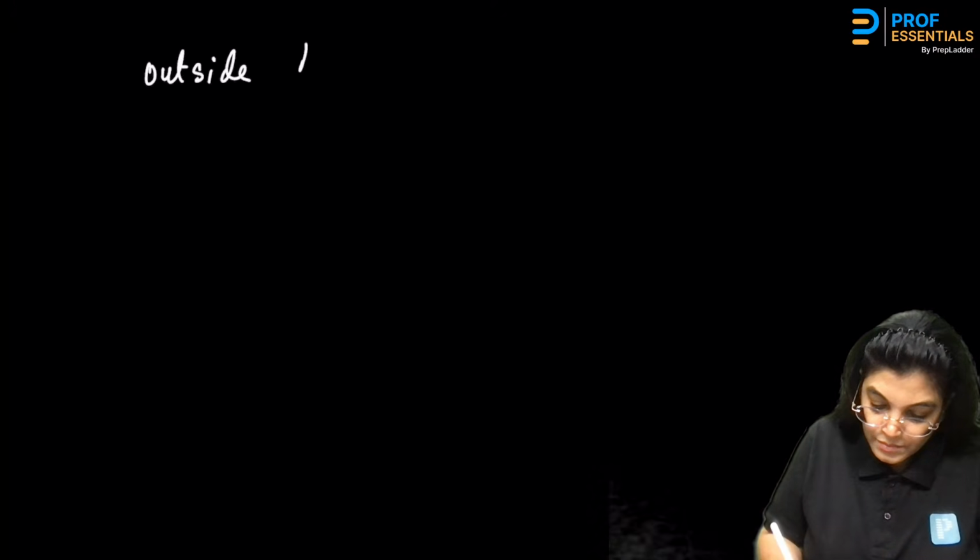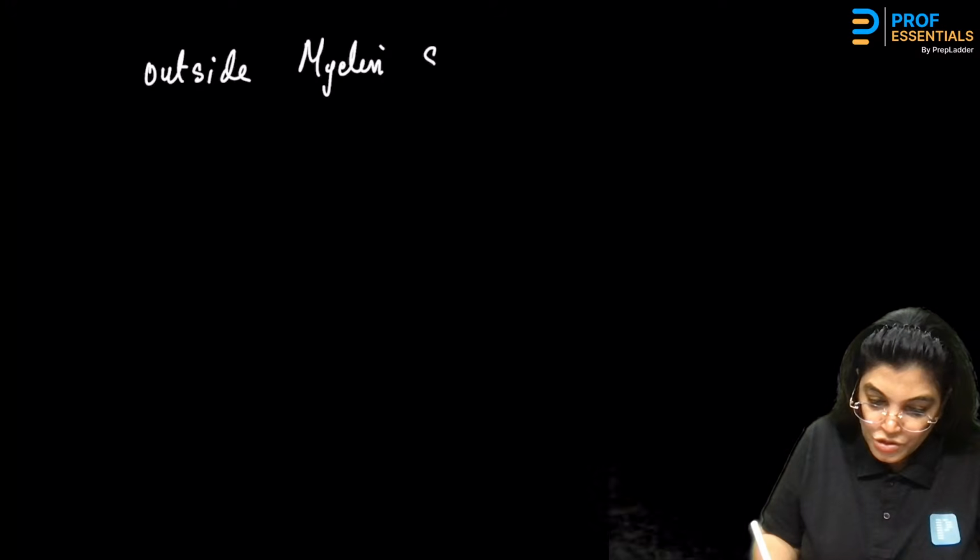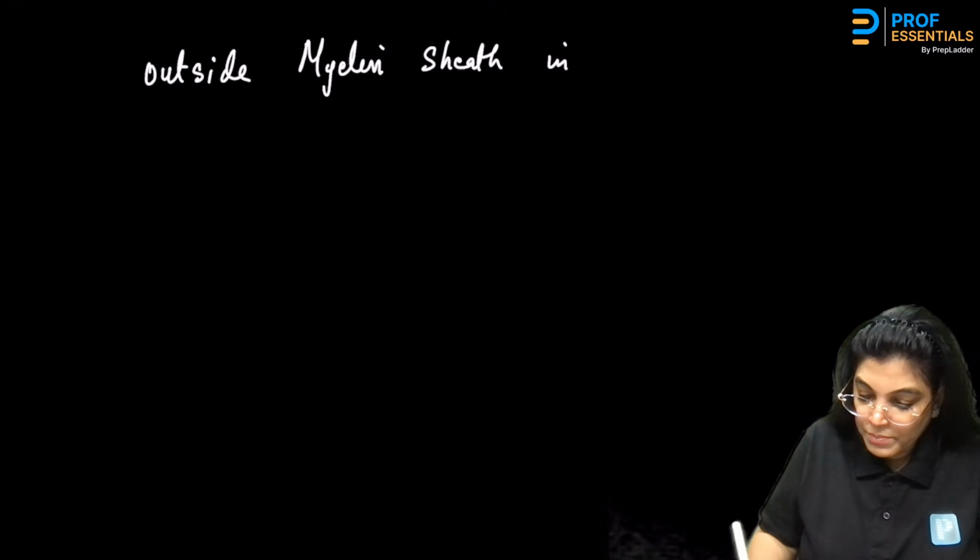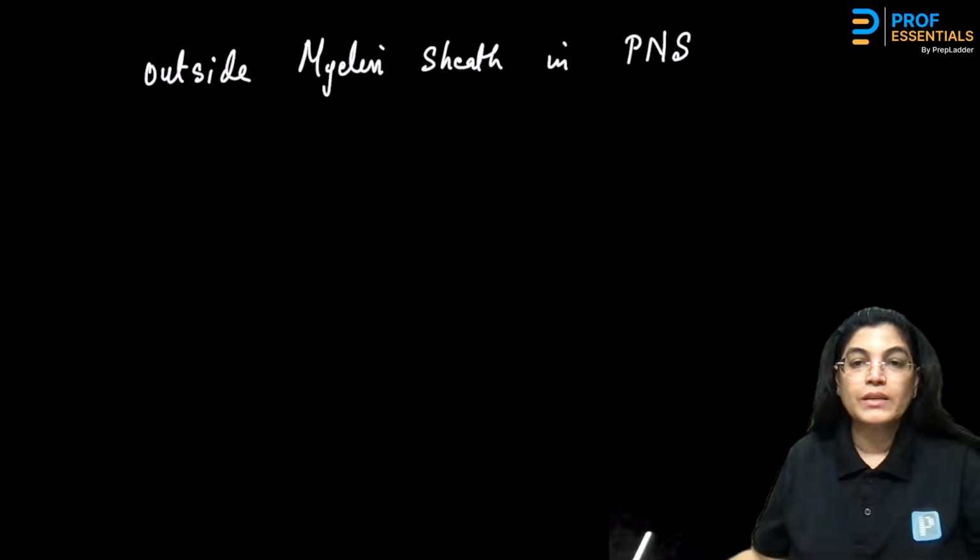Outside myelin sheath, in peripheral nervous system, we are talking about peripheral nervous system.